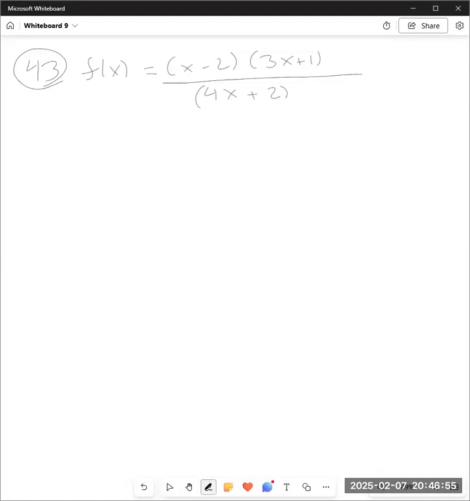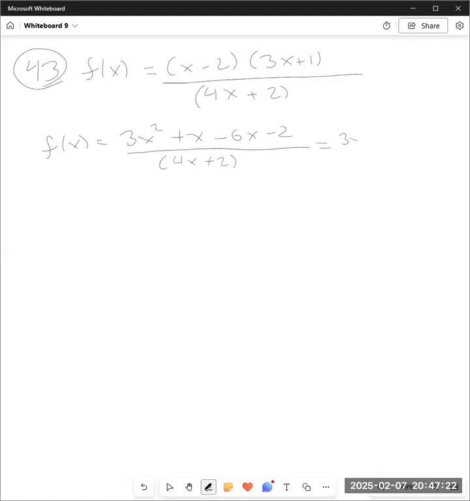So let's go ahead and rewrite f of x as x times 3x, which is 3x squared. And then x times 1 is x, minus 6x minus 2, over 4x plus 2.